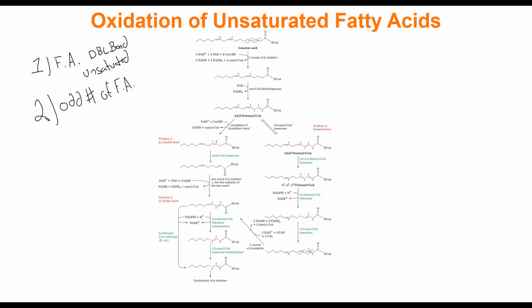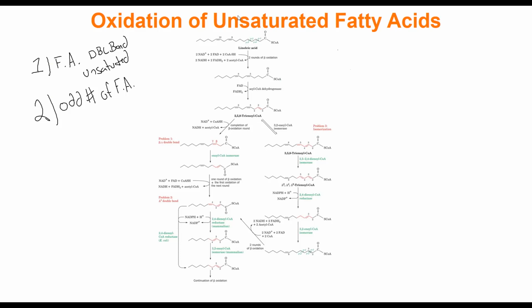So when we are doing beta oxidation, we always break down the fatty acids in units of 2. However, if you have an odd number, this can become a problem. So we're going to look at problem 2 in a few slides, but we're going to look at problem 1 right now. What happens when you have unsaturated fatty acids? So let's look at linoleic acid here.